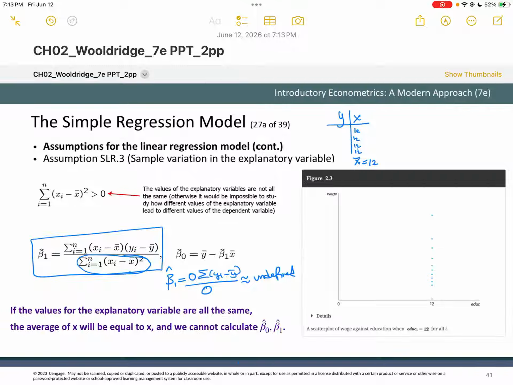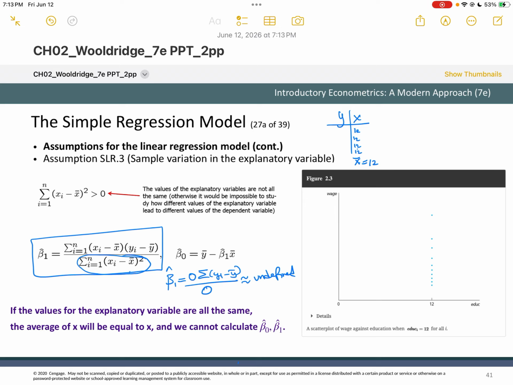That's how our denominator is 0. If each value of x is equal to its mean or super close to the mean, then we'll have to divide by 0 or something super close to 0. That's not good. Or that makes our beta 1 biased.